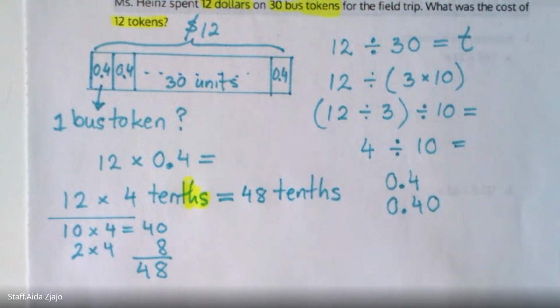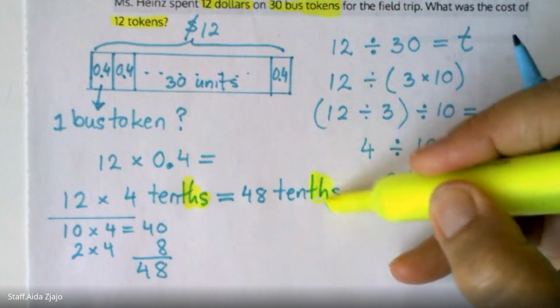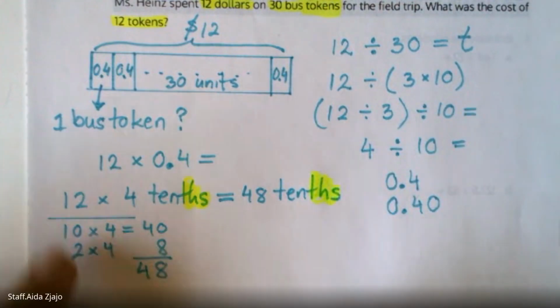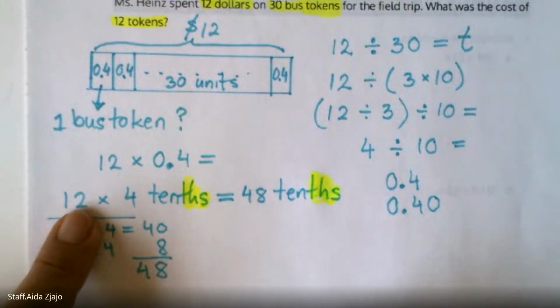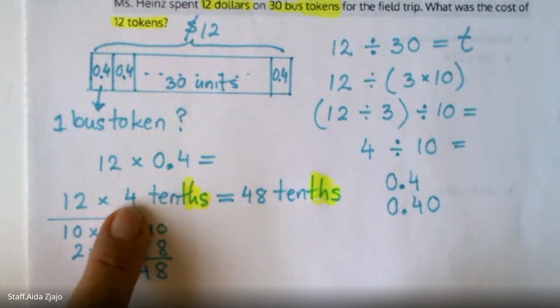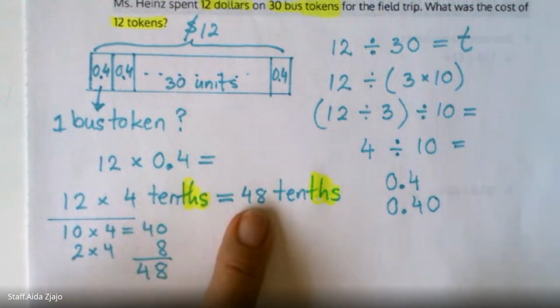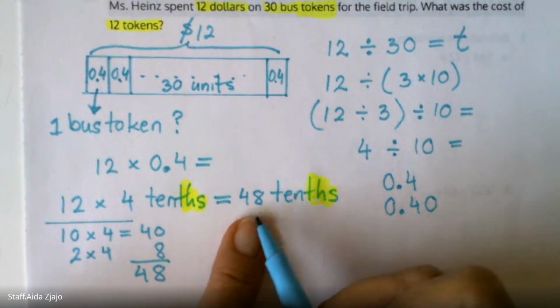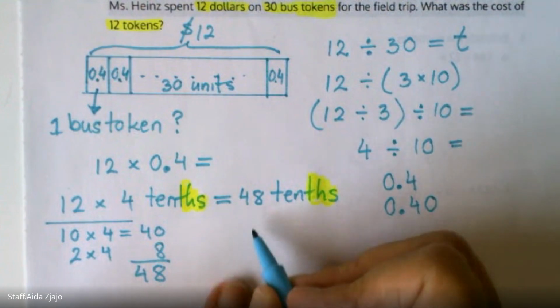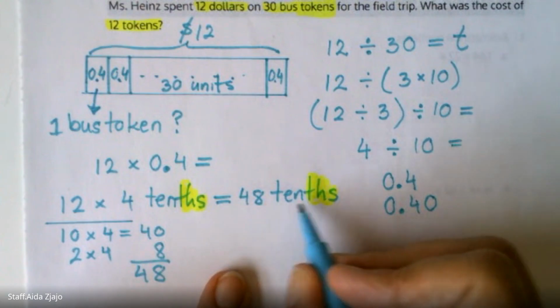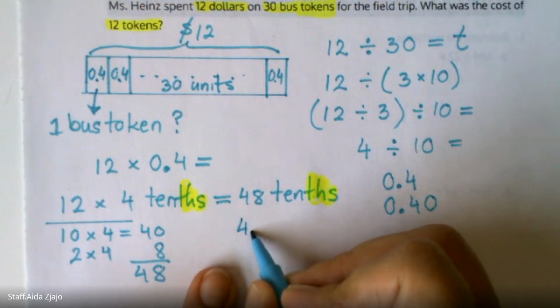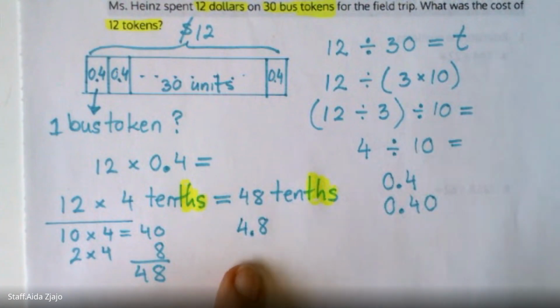Now if you think in terms of money, you have 12 groups of 4 dimes. And when you have that, you're going to have 48 dimes. But when you see that 10 dimes make a whole dollar, you can see that 48 tenths, or 48 dimes, is $4 and 8 extra dimes.